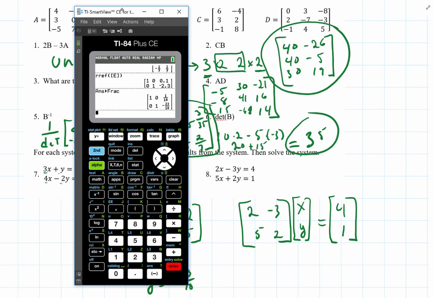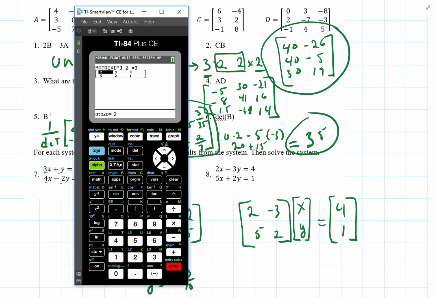And for problem number 8, we'll define a new matrix. Edit matrix 6, or F. This is going to be 2 rows by 3 columns containing the elements 2, -3, 4, no, not 44, but 4, there we go, 5, 2, and 1.